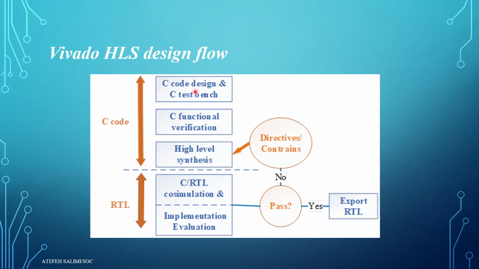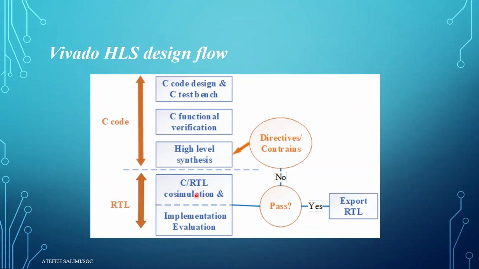The verified C model is then synthesized into RTL using the HLS tool, where various directives and constraints may be applied to optimize the performance, area, or latency. After synthesis, C/RTL co-simulation and implementation evaluation are performed to ensure that the generated RTL behaves correctly and meets the design requirements.